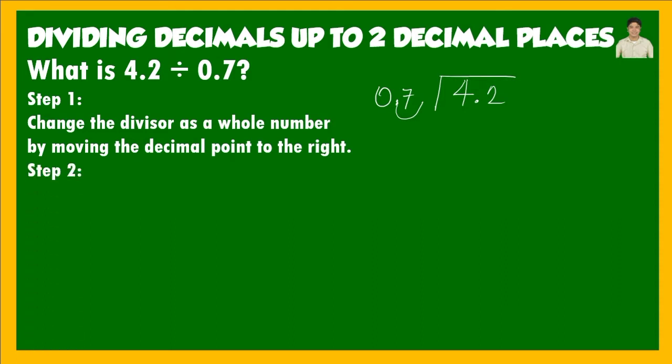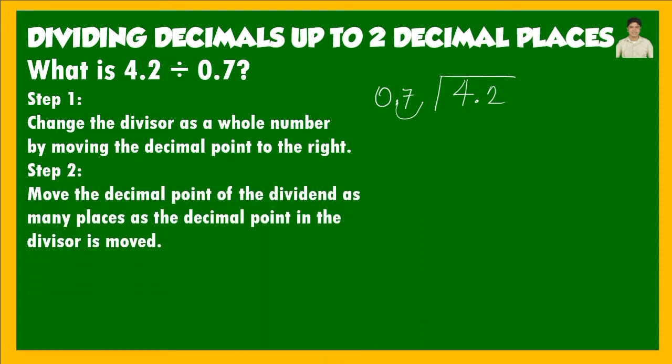Next. Step 2. Move the decimal point of the dividend as many places as the decimal point in the divisor is moved. So since 1 decimal place lang ang minove natin doon sa divisor, 1 decimal place lang din ang imumove natin doon sa dividend. So from the decimal point, yan.